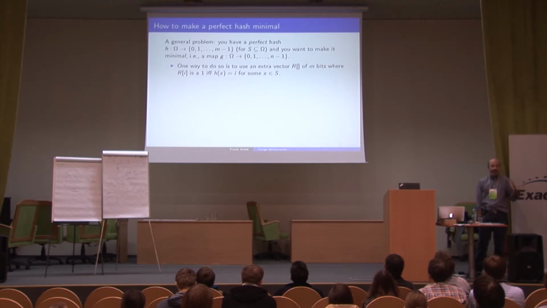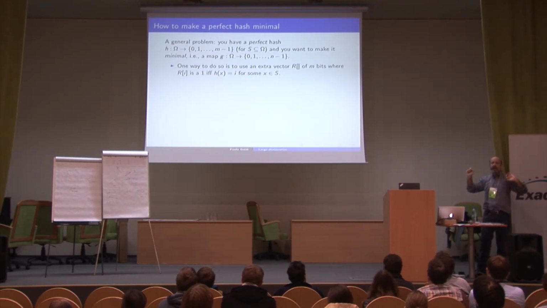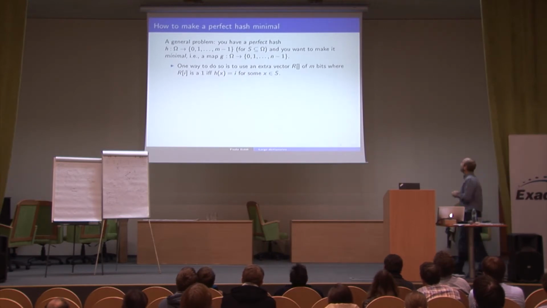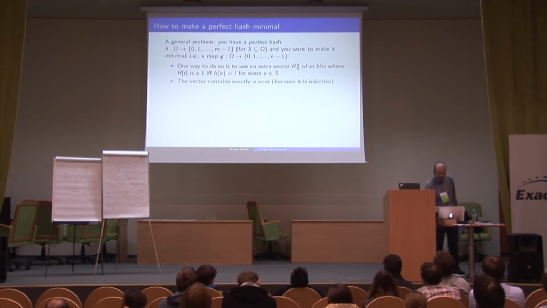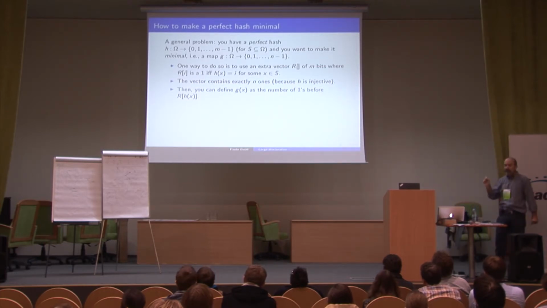N. Exactly as many as the cardinality of S. So R will be a long vector of zeros that will contain exactly cardinality of S ones. The cardinality of S in this lesson is going to be N, always. N like Naples. So what we do afterwards is we define g of x as follows. g of x is the number of ones before R of h of x.